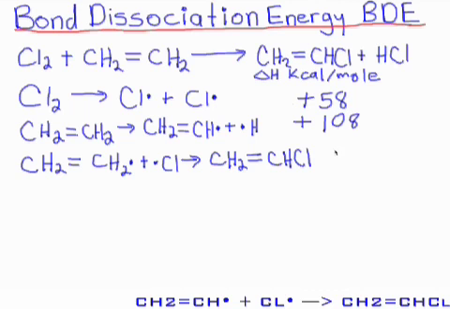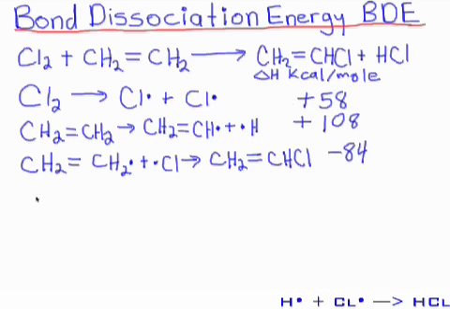And the ΔH for this, a chloroethylene, is given as 84, but since it's bond formation, it's negative 84 kilocalories per mole. And then the last one, we take H dot plus Cl dot goes to HCl. And that HCl is given as 103, and we're forming the bond, so that's minus 103.